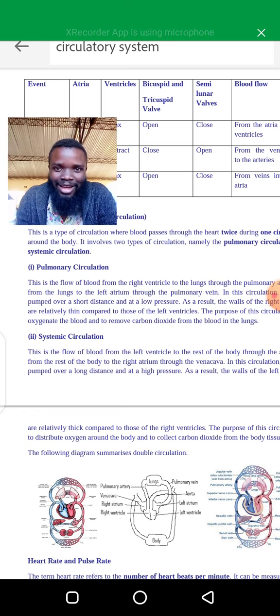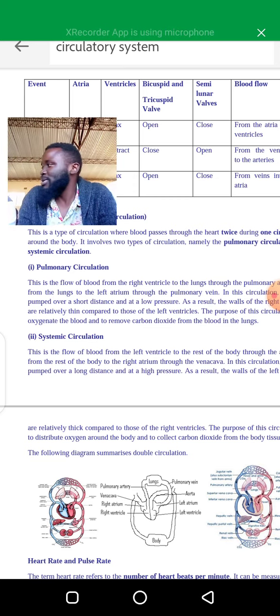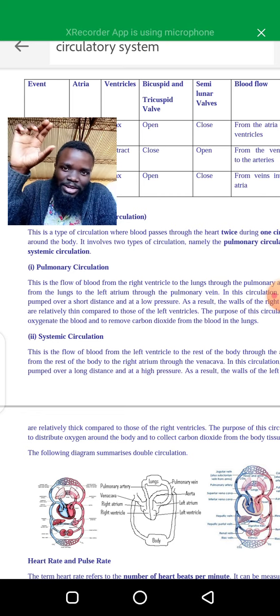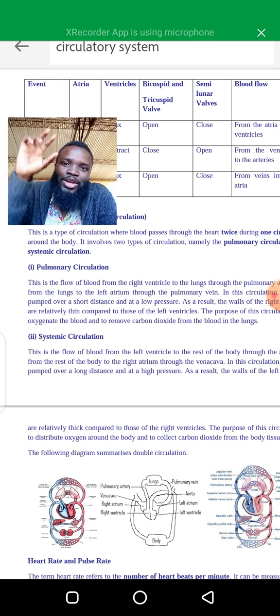So that vein carries oxygenated blood from the lungs, and it takes it back to the heart through the left what? Atrium. When it enters through the left atrium, in between the left atrium and the left ventricle, there is a valve called what? The bicuspid valve. So it moves from the left atrium to the left ventricle.